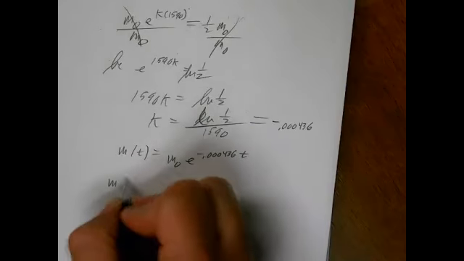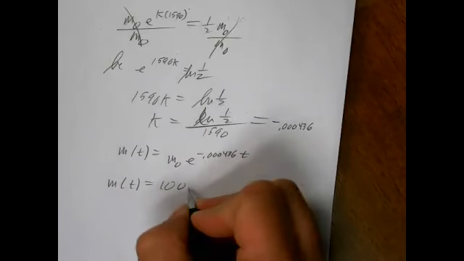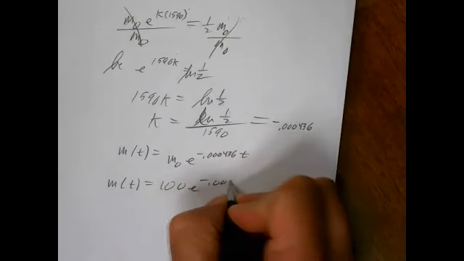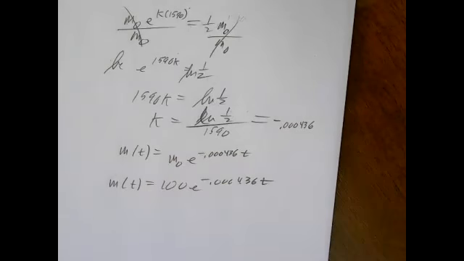Well, for this substance, if your initial mass was 100, you just plug in 100, and you have the formula that will tell you your mass at any particular time. Mass after 1,000 years, mass after 10,000 years, this will work for you. This will do that type of problem for you.